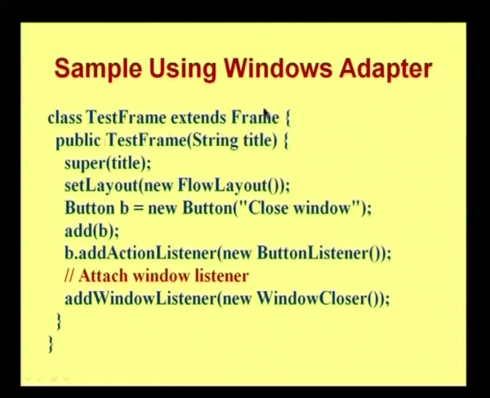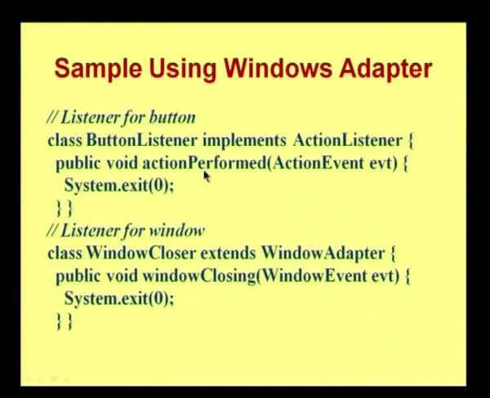Here I am creating a new WindowCloser. Instead of implementing all the methods in the window listener, I am just using a WindowCloser instance. You can see here, this is a normal button listener which is going to implement only the close process of your particular window using the button.